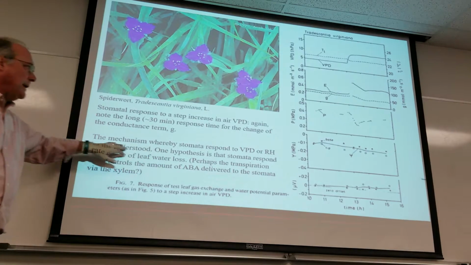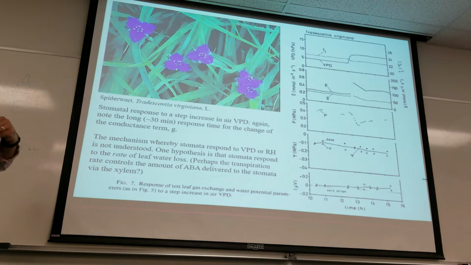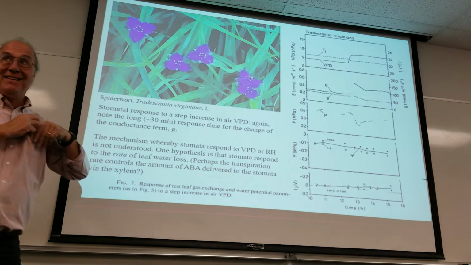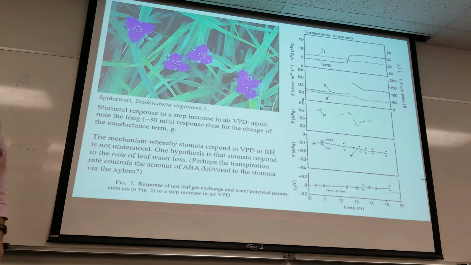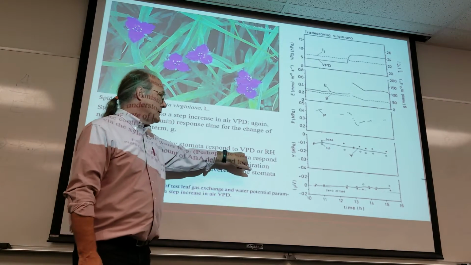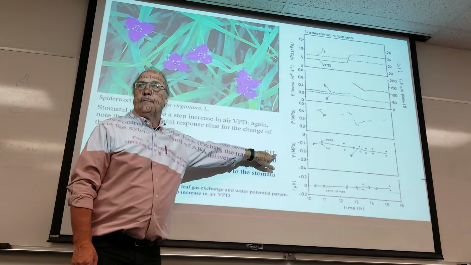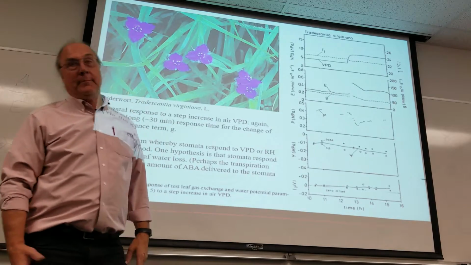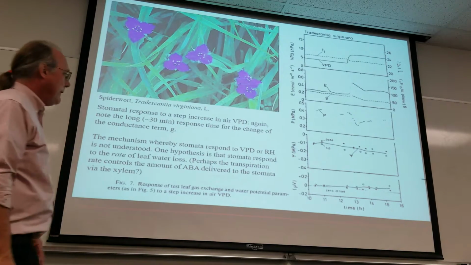So the mechanism, just like I've said for other things, the mechanism whereby stomata respond to the dryness of the air, nobody knows. In fact, you can find arguments in the literature of do stomata respond to VPD or do they respond to relative humidity? Talk about an esoteric argument, but you can find that. I could show you a series of papers where they're arguing with that. Anyway, the mechanism is totally unknown.